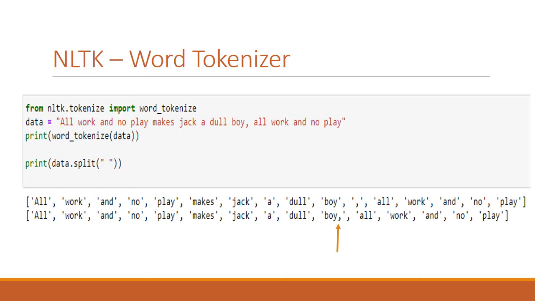We initialize data to a string, a sentence, all work and no play makes Jack a dull boy, all work and no play. We call the function word tokenize and we pass that string in as an argument. The function returns a list of strings that represents tokens.